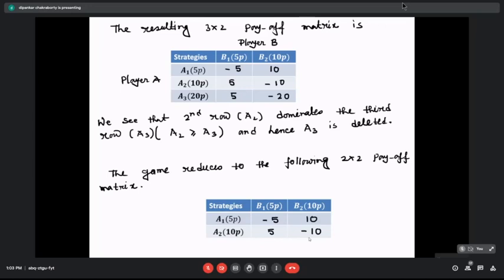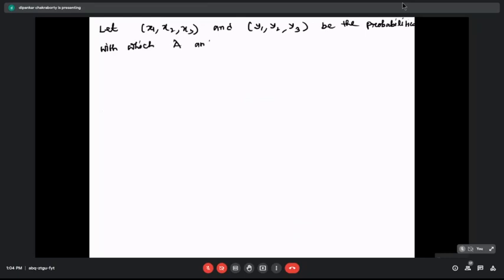Okay. So what we are going to do? Now we are going to write down that let x1, x2, x3 and y1, y2, y3 be the probabilities with which A and B play the game.